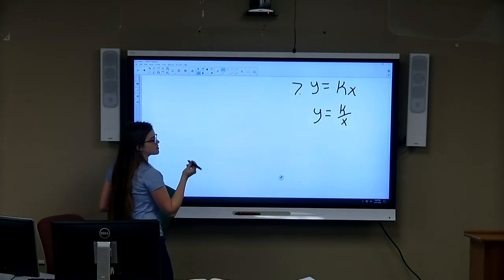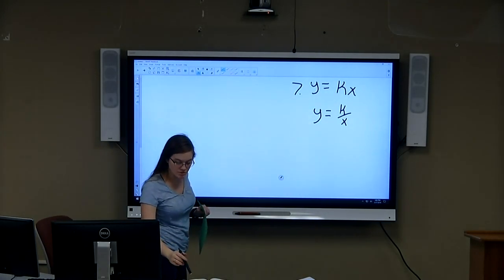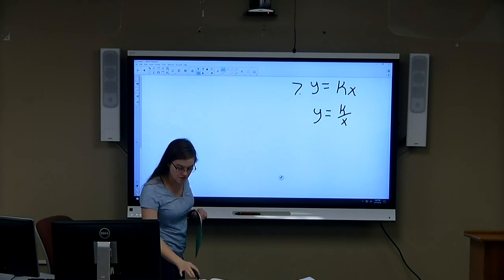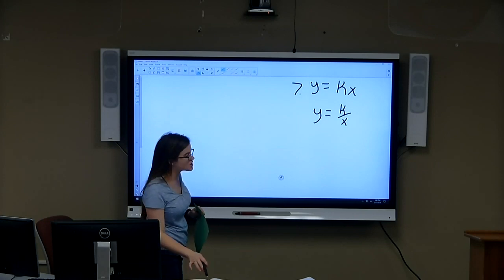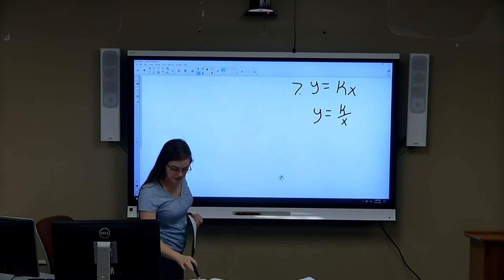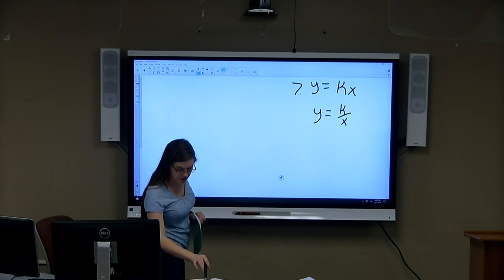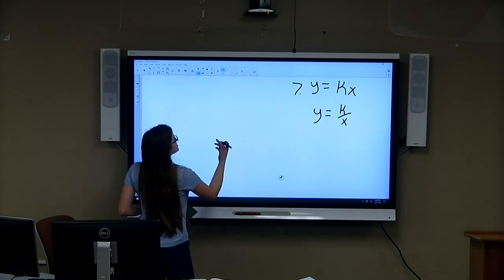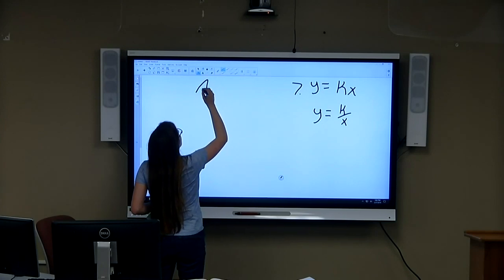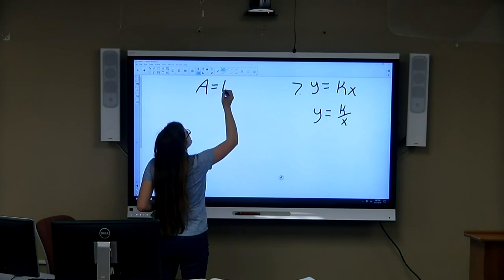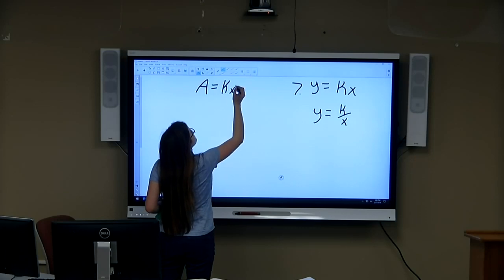In this problem, we're not using y and x, we're using a and x. So a equals kx squared.